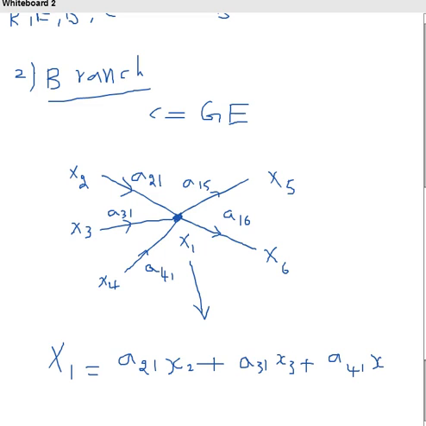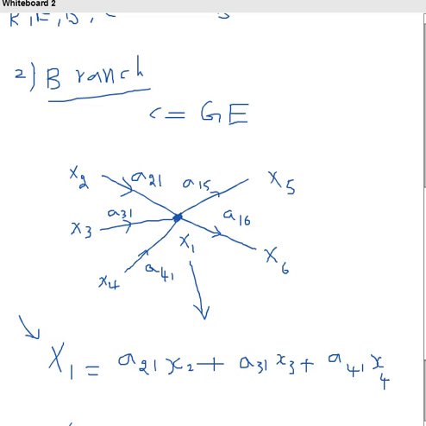So X1 is the summing point which sums all the incoming signals. The incoming signals are A41, A31, A21. So this X1 node has a summing point as well as a transmitting point. This is how it is a summing point, and the same X1 is the transmitting point.